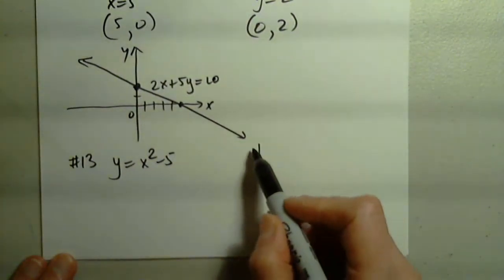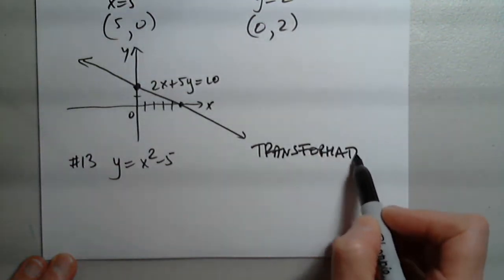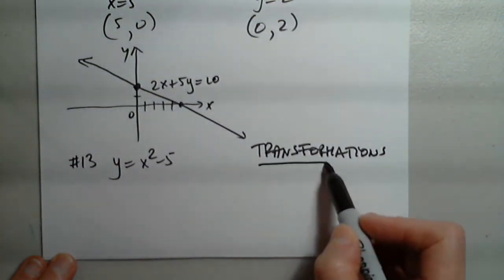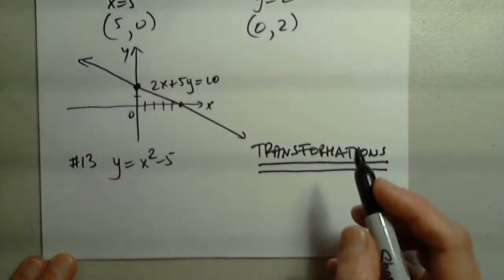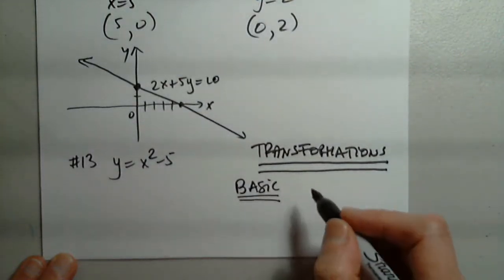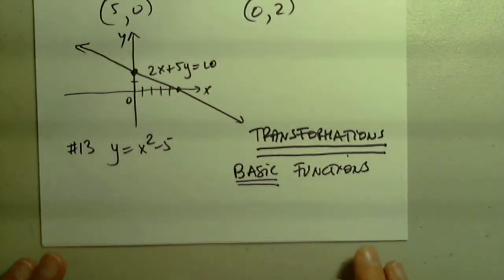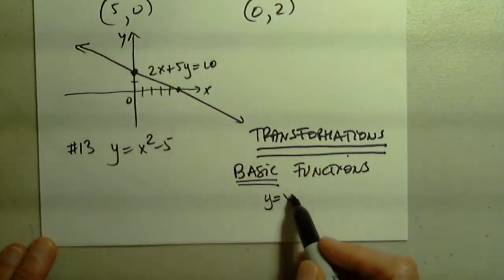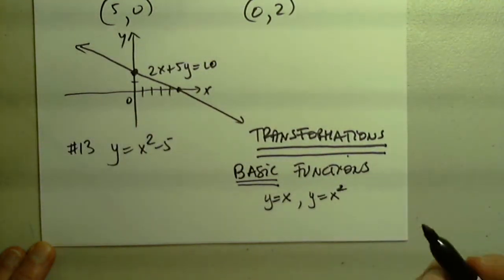We also know something called transformations. But transformations are useful only if we know how to graph basic functions. What do I mean by basic functions? Y equals x, the simplest linear. Y equals x squared, the simplest quadratic.